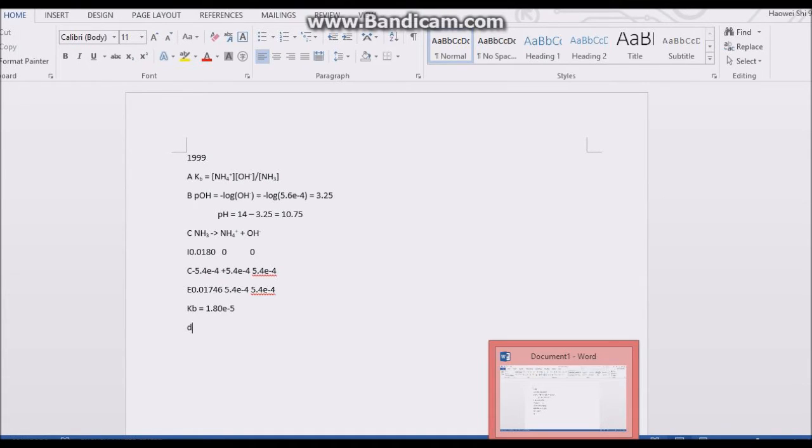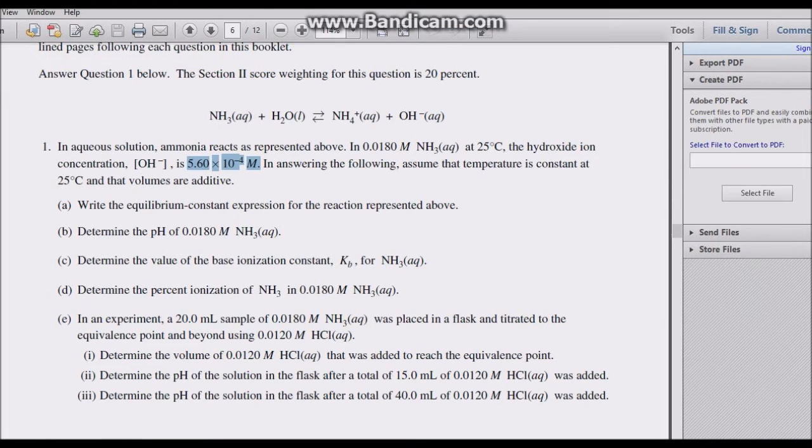For the next part, we need to determine the percent ionization of NH3 in 0.0180 molar NH3. For that part, we're going to divide the concentration of OH minus by the initial value of NH3, which is 0.0180.